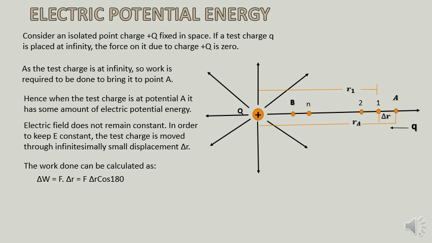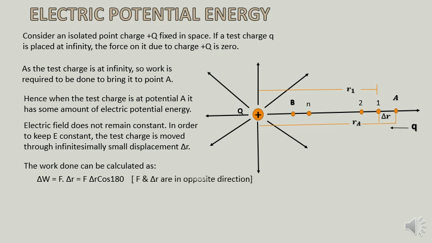Or we can say that the electric field points outward from the positive charge, and we move the positive test charge inside the electric field, towards the charge. So we move this q opposite to the electric field.